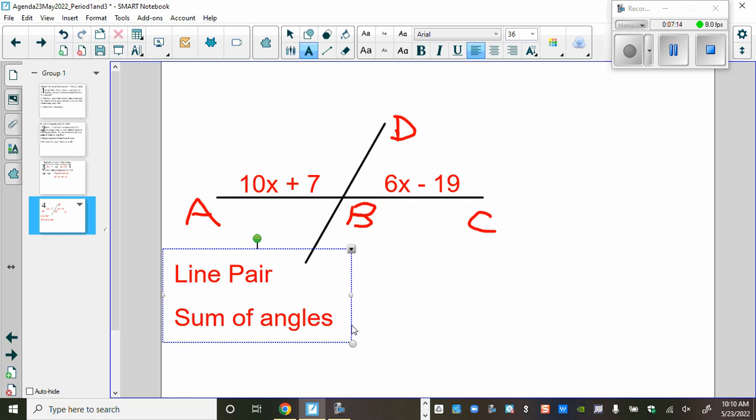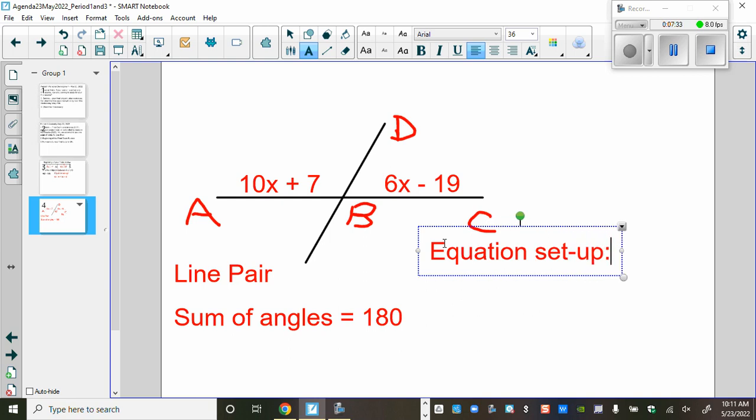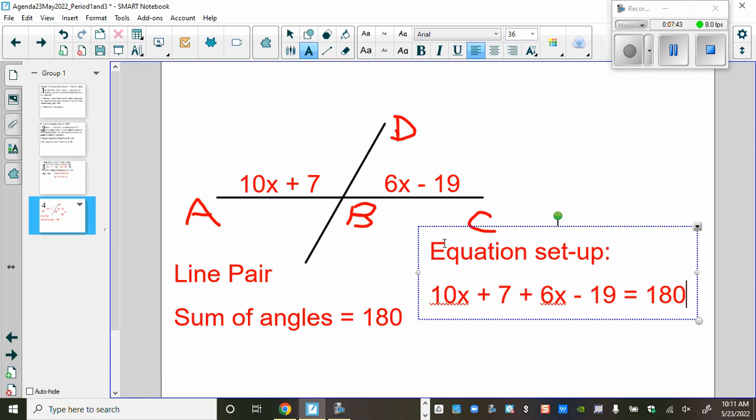That's what we need to be talking about. So what would be our equation setup for this problem? 10x plus 7 plus 6x minus 19 equals 180.